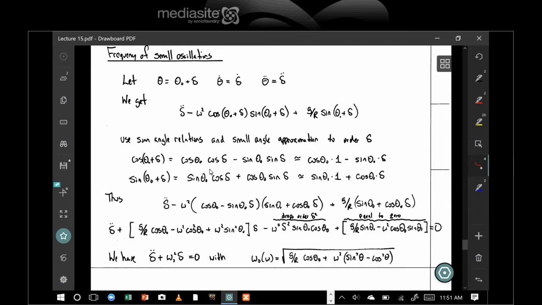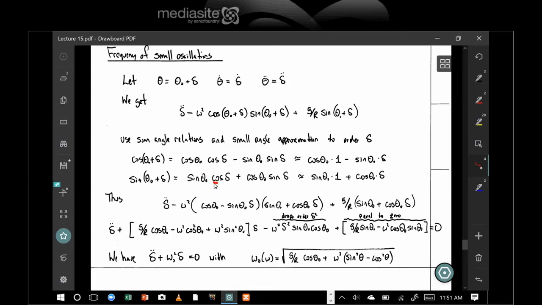I stick that into the differential equation that we had. Now notice I get cosine of theta naught plus delta, sine of theta naught plus delta, and then the same here.